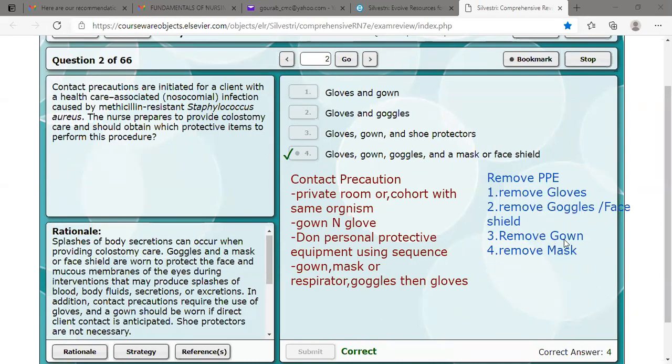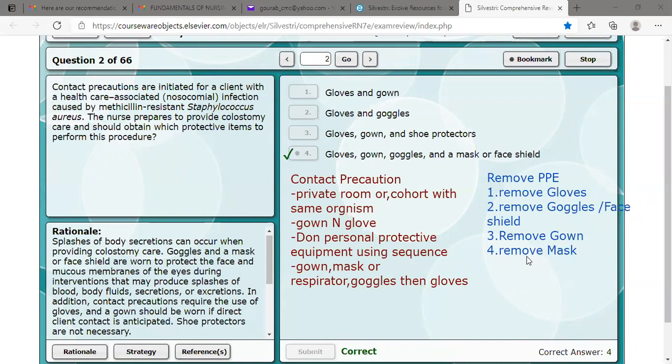While removing the gown, always turn it inside out, and then remove the mask. But keep in mind, the front of the mask is contaminated. We do not touch the front.